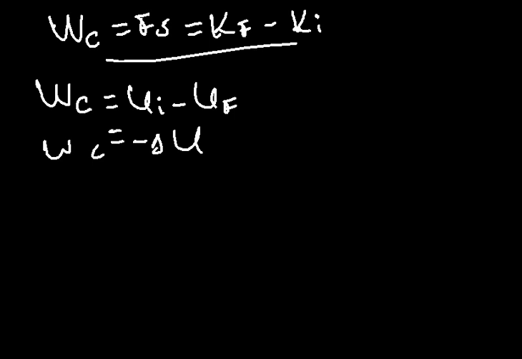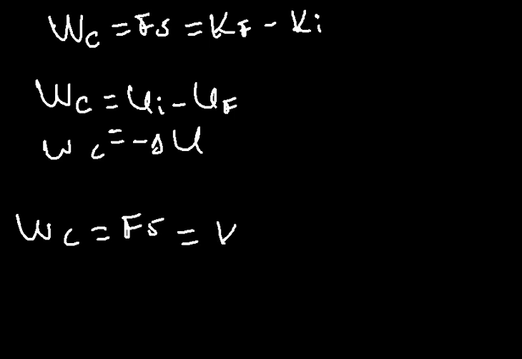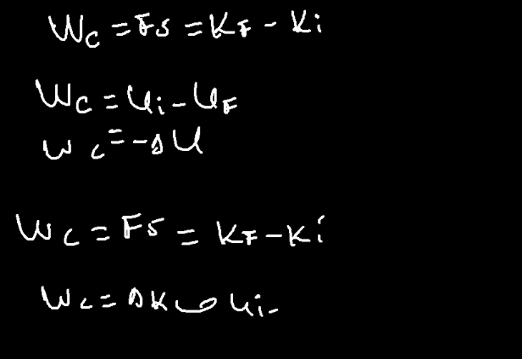Let's use this concept to get the energy conservation for the conservative forces. So we know that WC is given as Fs and is equal to Kf minus Ki, that is the change in the kinetic energy. WC is also equal to the initial potential energy minus the final potential energy, which is equal to the final kinetic energy minus the initial kinetic energy.